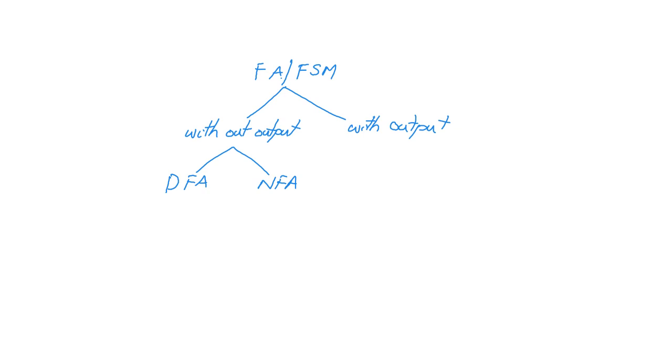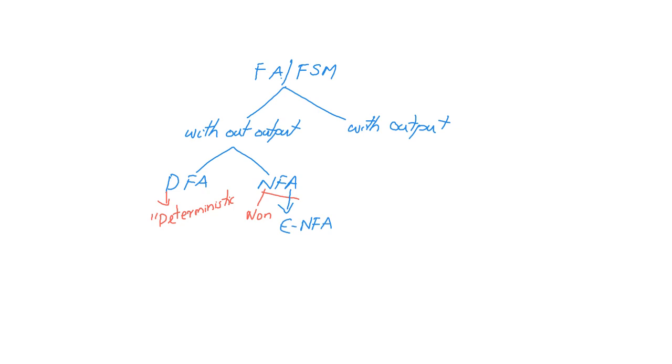A DFA actually stands for deterministic finite automata. So the letter D stands for deterministic. And similarly, NFA stands for non-deterministic finite automata. Also to be noted that for NFA, you have one more type called the epsilon NFAs.